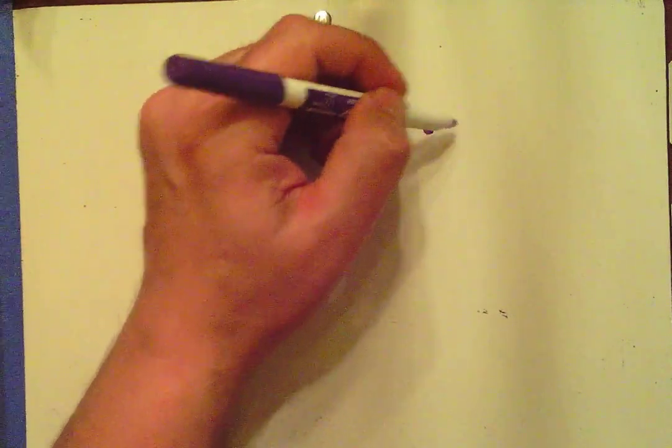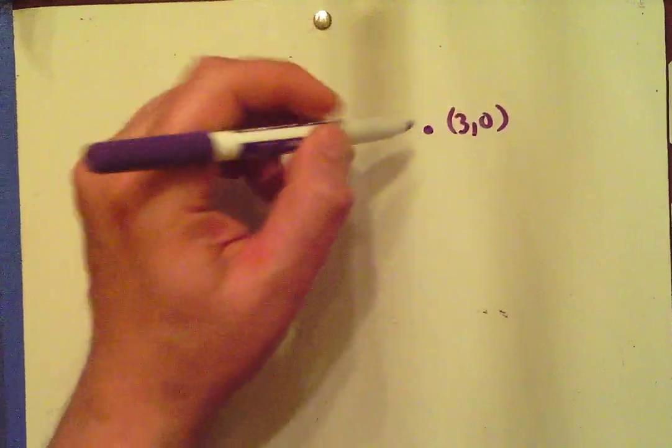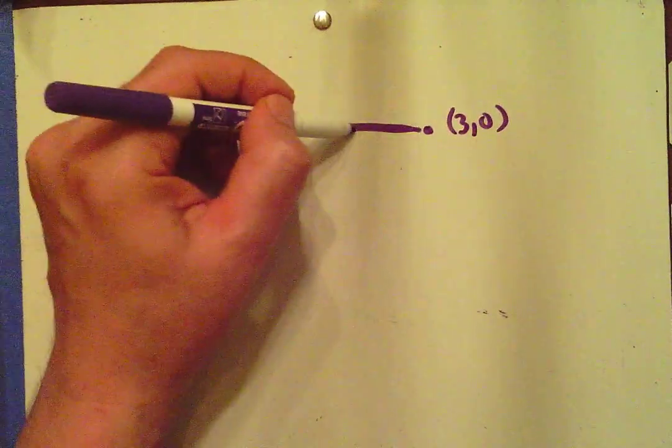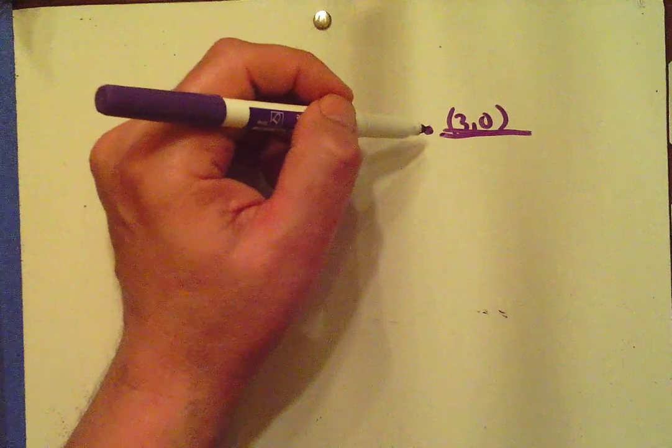25. The sides of a square are 3 centimeters long. One vertex is at 3, 0. Well, I could go this way 3, and I could go this way 3.